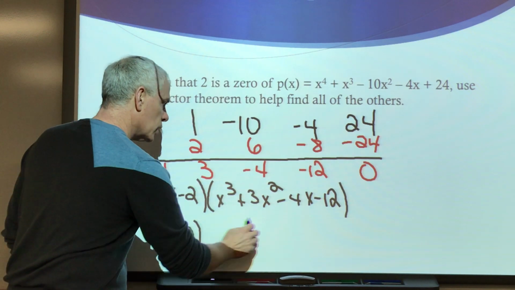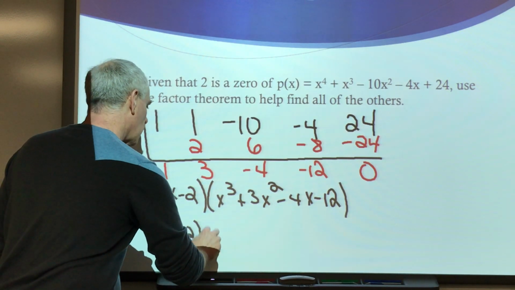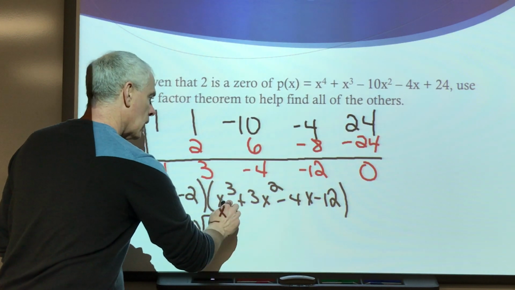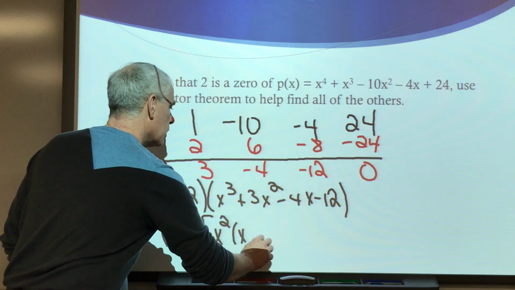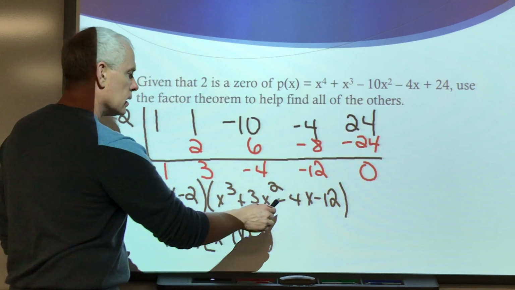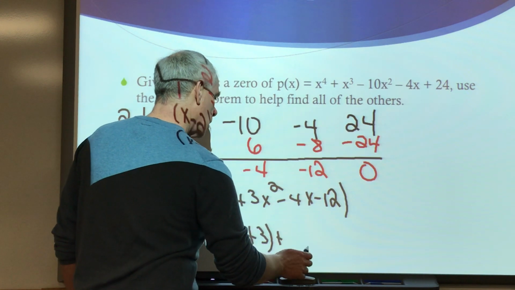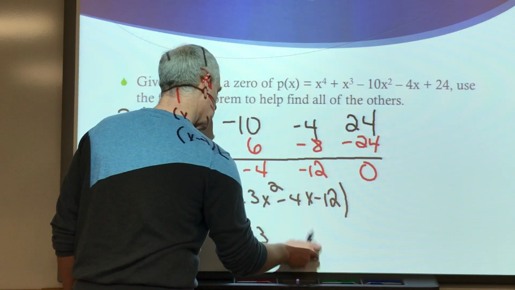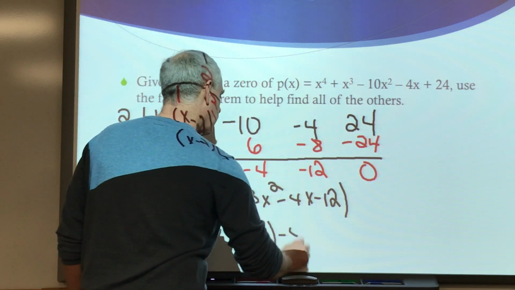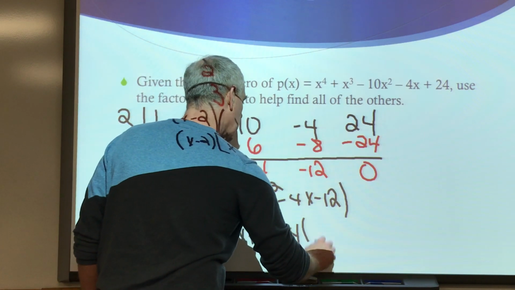So if I look at just those two terms, I can take an x squared out of that, and I'm left with x plus 3. And I can take a minus 4 out of that, and I'm left with x plus 3.